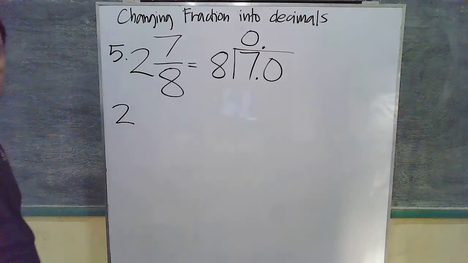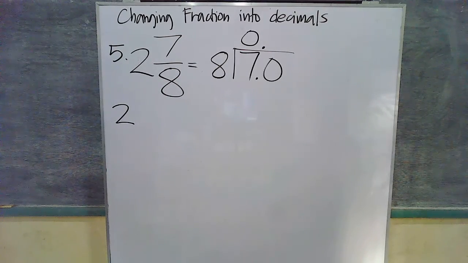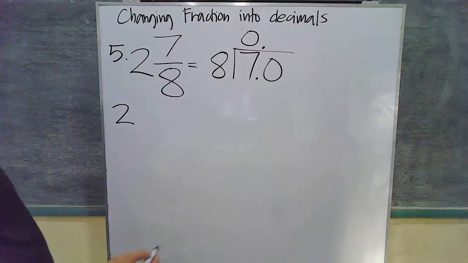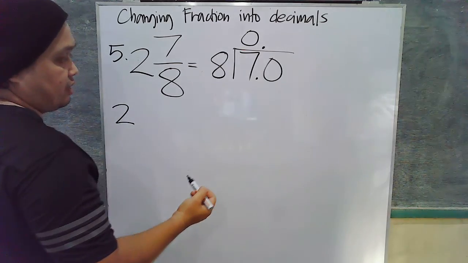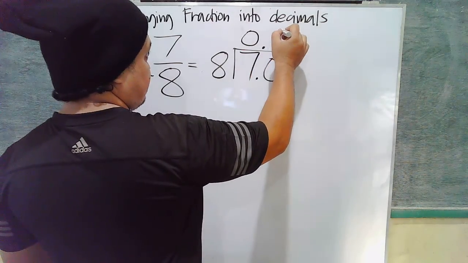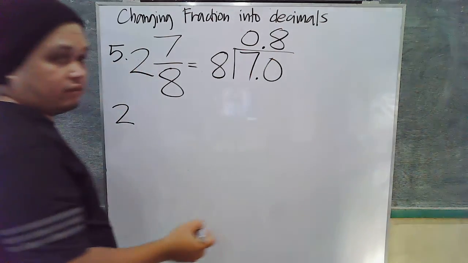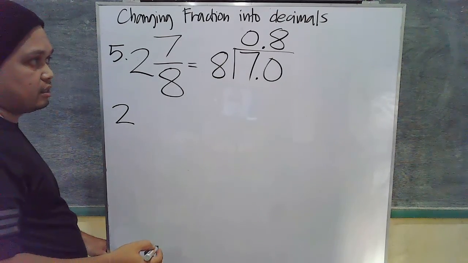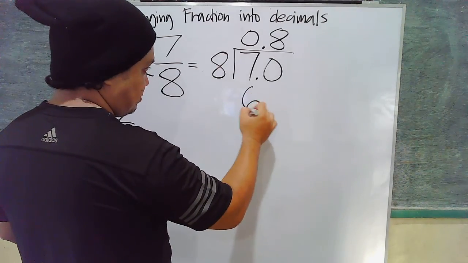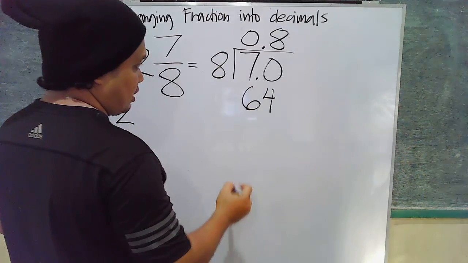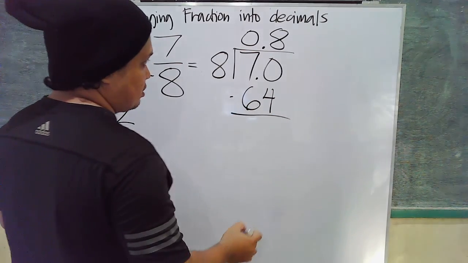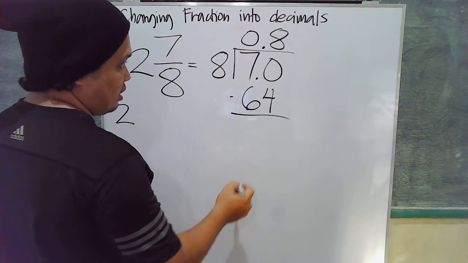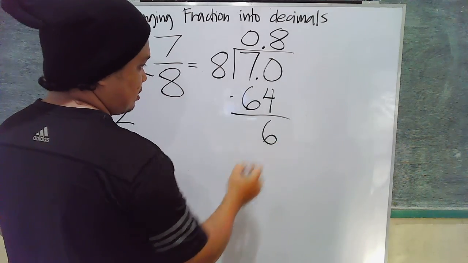That will become 70. How many 8s are there in 70? We have 8, because 8 times 8 is 64. So 70 minus 64 is 6.